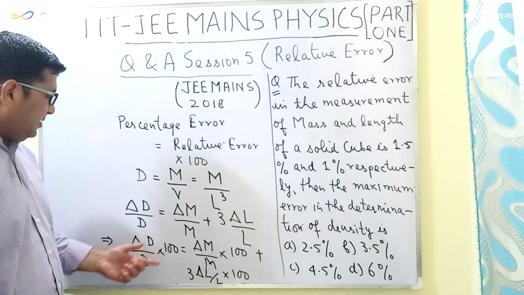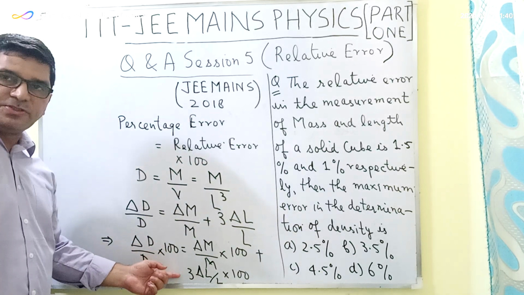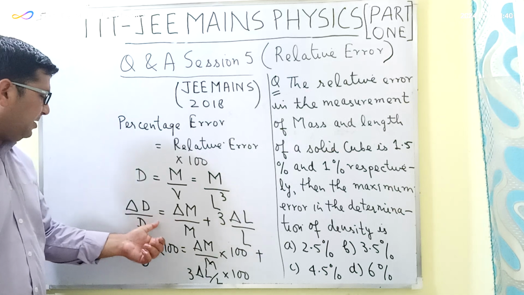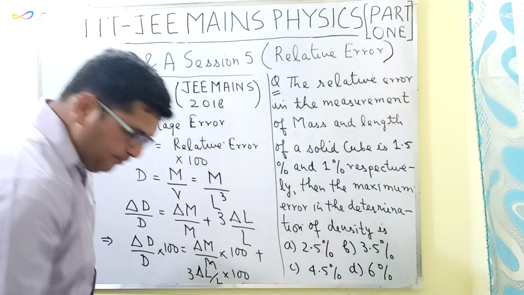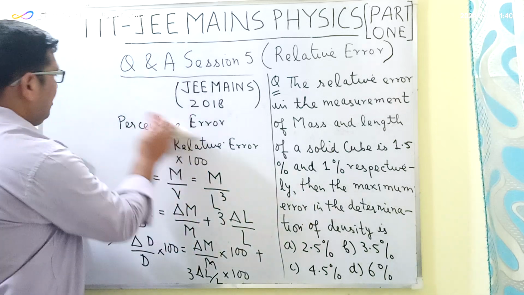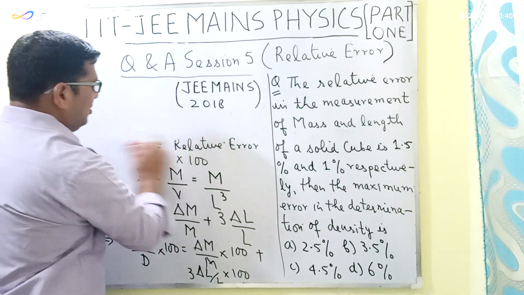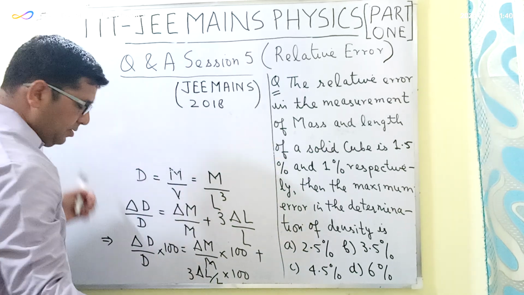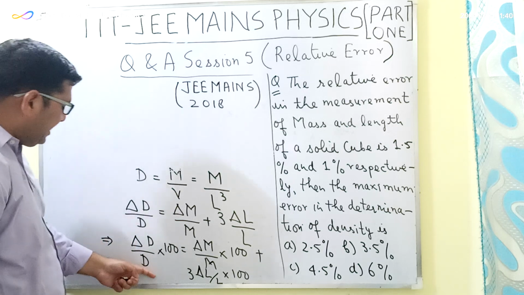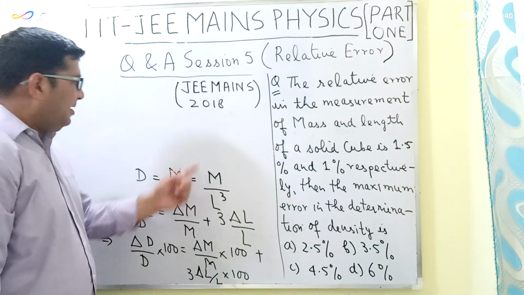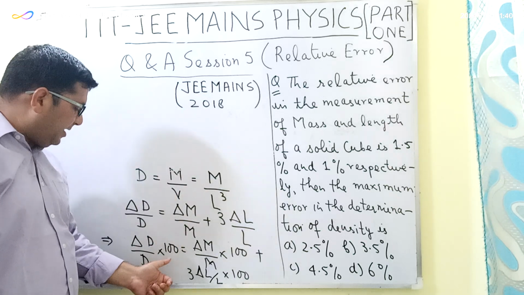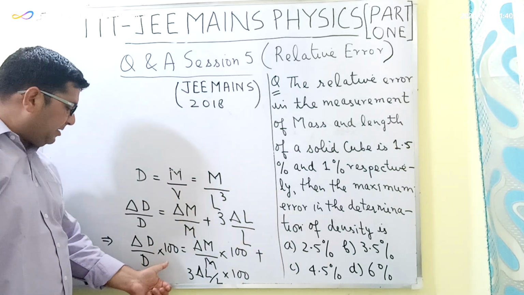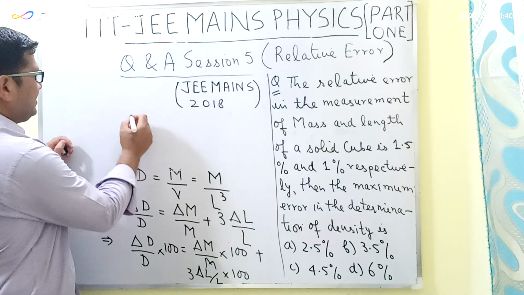So this is the equation which I have got by multiplying this equation by 100 on both the sides. So from this equation, now this delta D by D into 100 is what? That percentage error is equal to the relative error multiplied by 100. So this is the relative error multiplied by 100, so it becomes the percentage error.